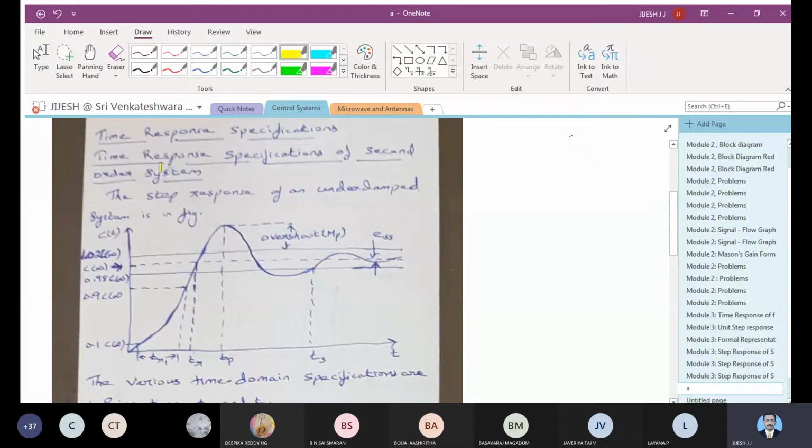This is an important topic. We will study a few equations for the time response, that is TR, TP, then settling time TS, and the overshoot MP.